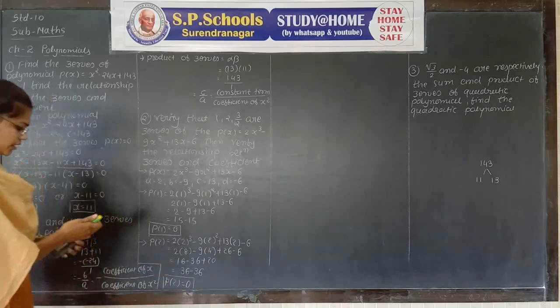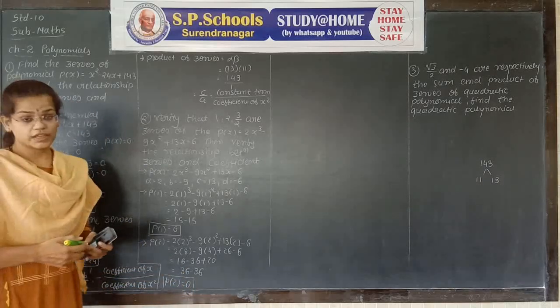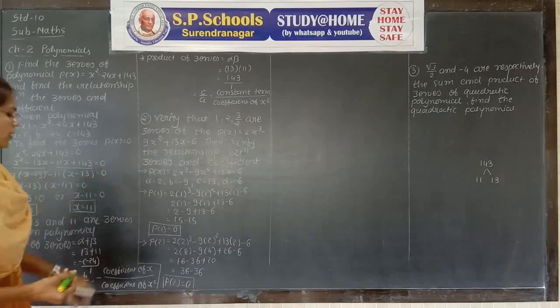Here p of 2 is equal to 0. That's why 2 is a zero of the given cubic polynomial.